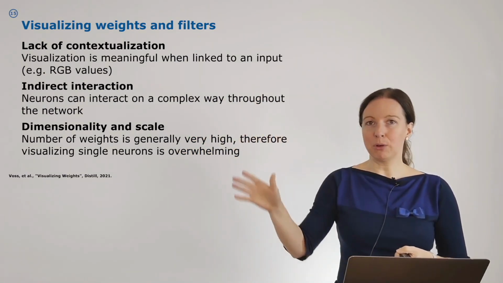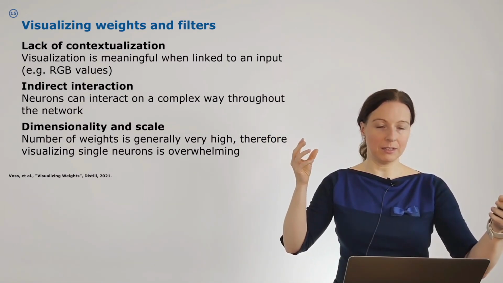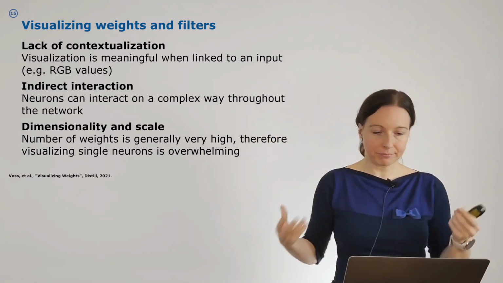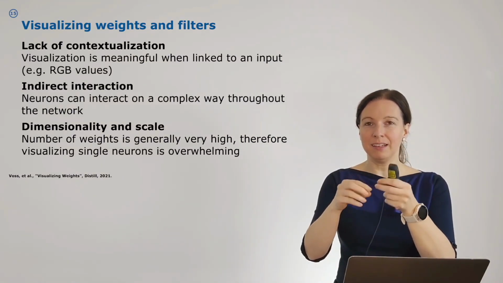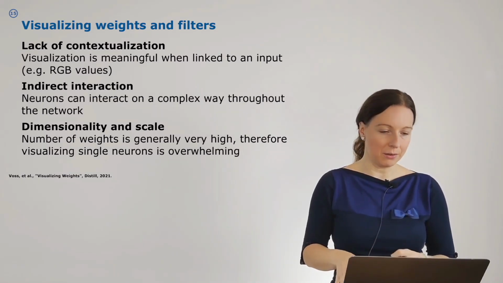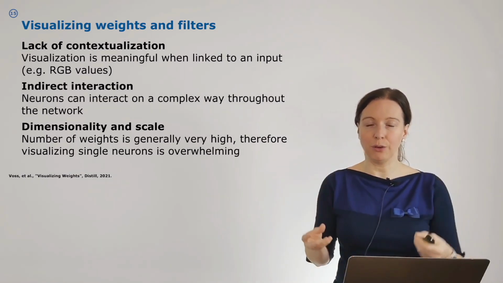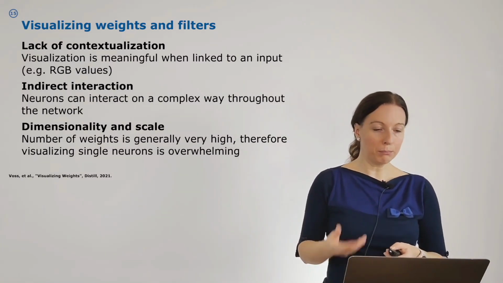With all these skip connections, or every time there are some interactions in the network where neurons are not immediately connected, it's very hard to make sense of it and to grasp what's actually going on. And then there's the dimensionality and scale problem.